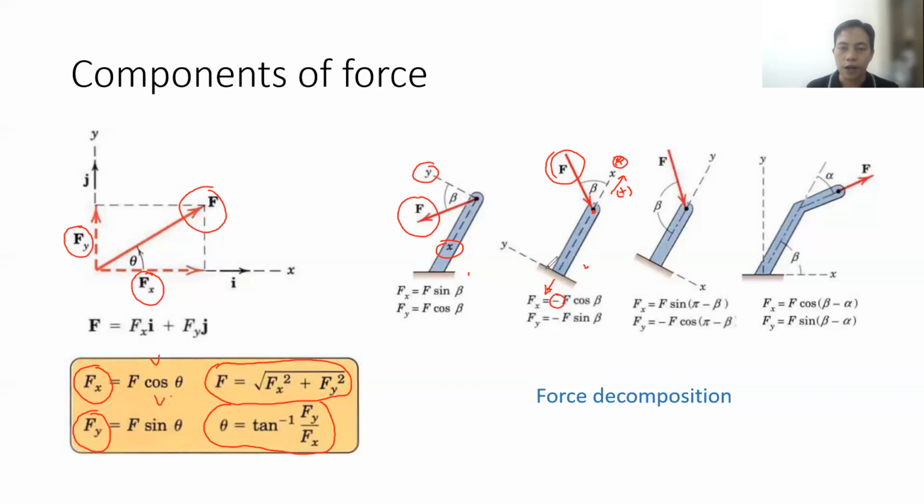And y is also negative because it goes downward here. So we must be consistent with this direction. Okay. Then you can explain the two other conditions here to obtain the components.